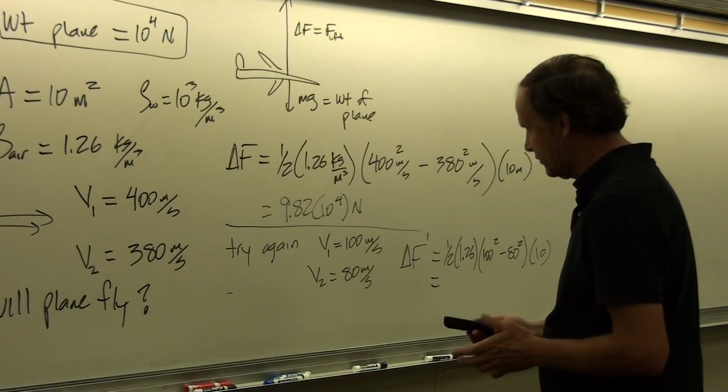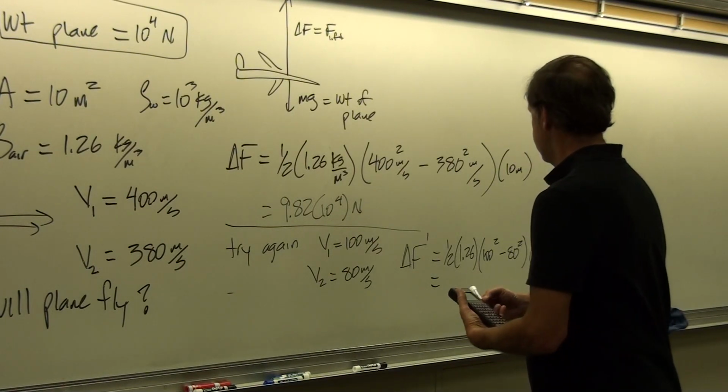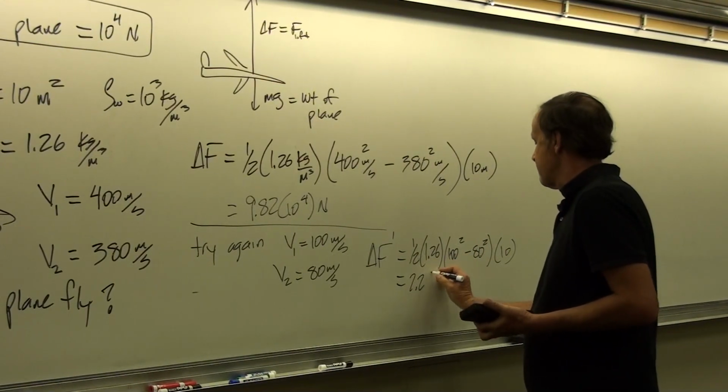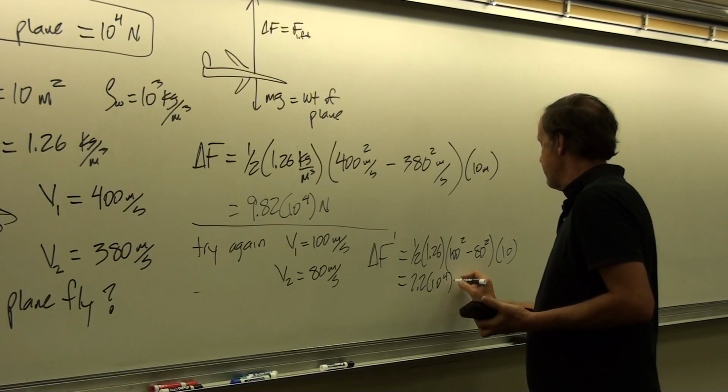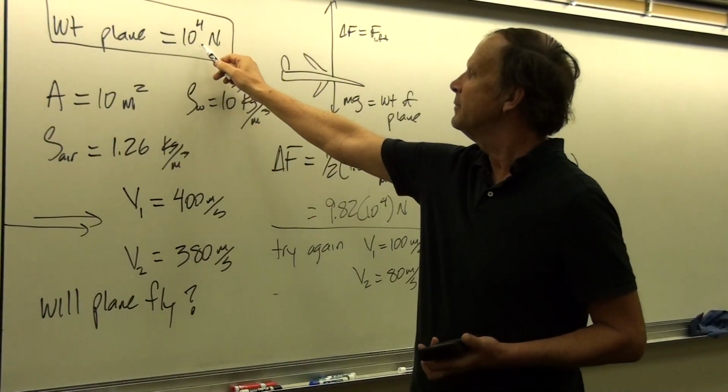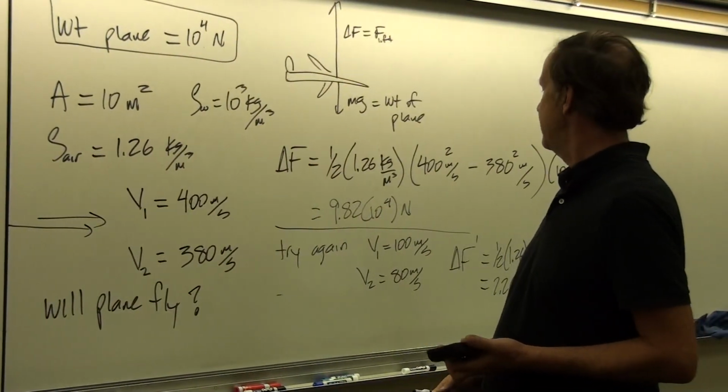That just gives us 2.2 times 10 to the 4 newtons. So it would still fly because it's greater than the weight of the plane.